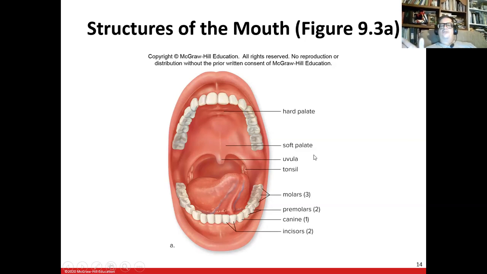And I know some of you are going to be counting like, that's not right. I only have two molars. And you're right, because they pulled your wisdom teeth. Okay. But that would be the natural condition, 2, 1, 2, 3.